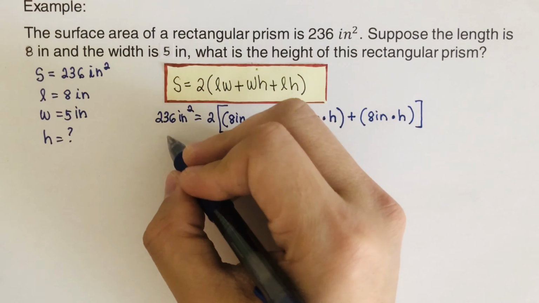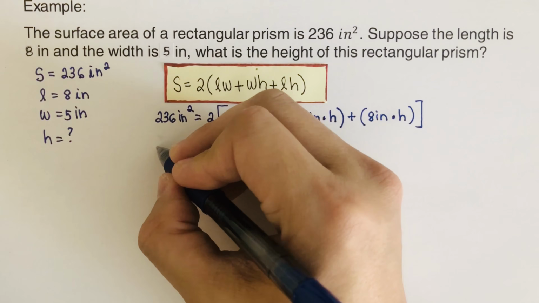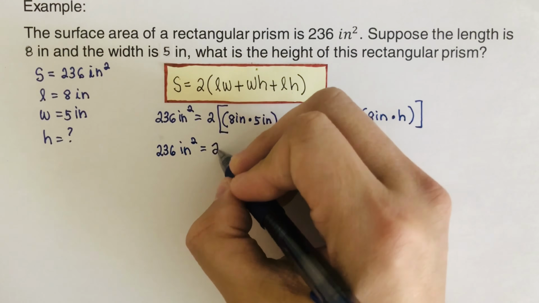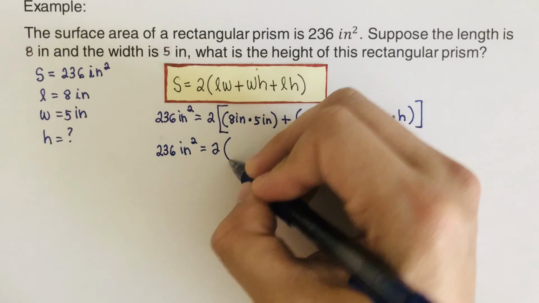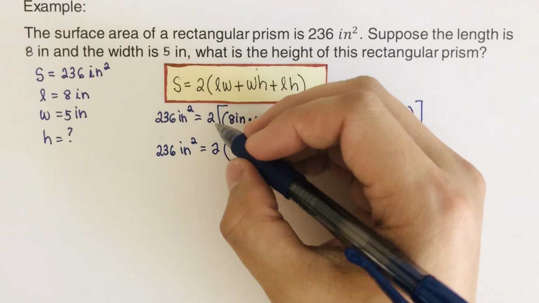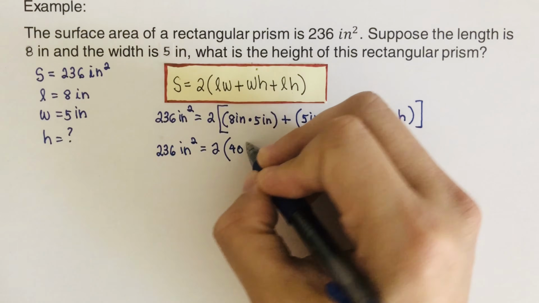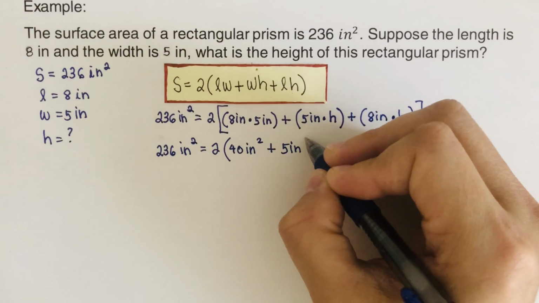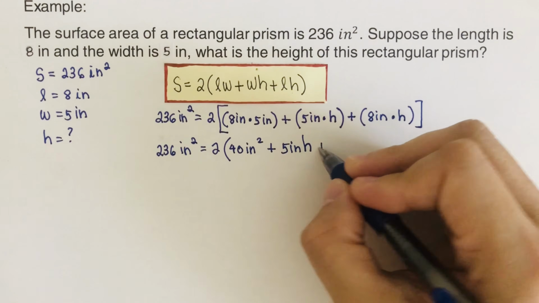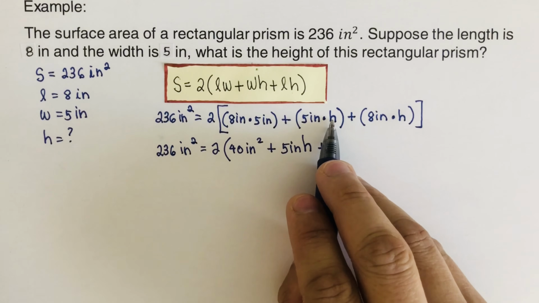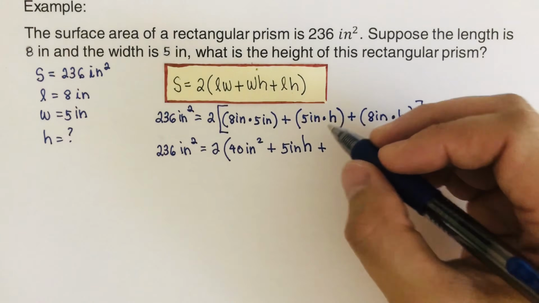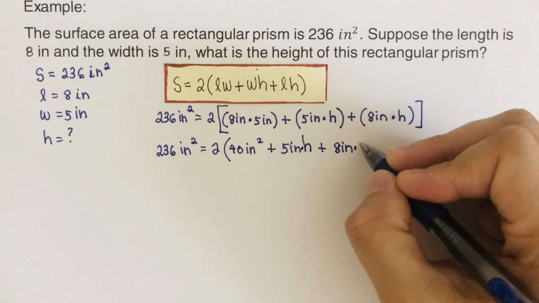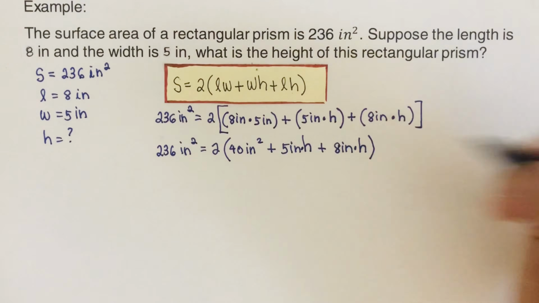From here, we are going to simplify this. So 236 inches squared is equal to 2 times, and the values here: this is 40 inches squared, plus 5 inch h, plus 8 inch h, because the height is missing.